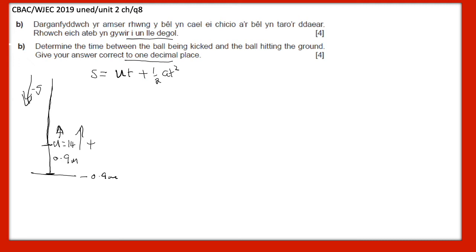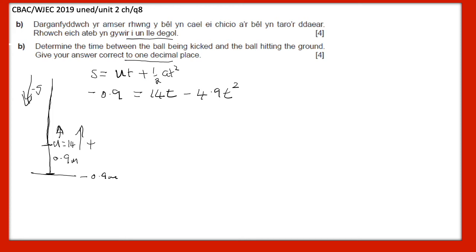Sometimes your brain doesn't work. So we know that s is minus 0.9. We know that u is 14. We don't know t, that's what we've got to find. And we do know that if g is 9.8, half of that is going to be 4.9.